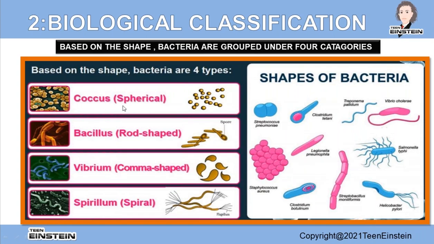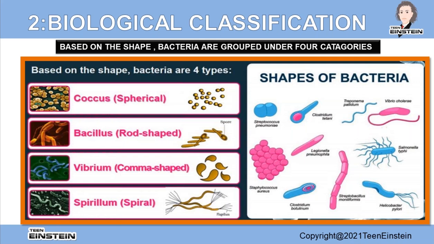Next is, based on the shape, bacteria are grouped under 4 categories: coccus, bacillus, vibrio, and spirillum. Coccus is spherical or round shape.